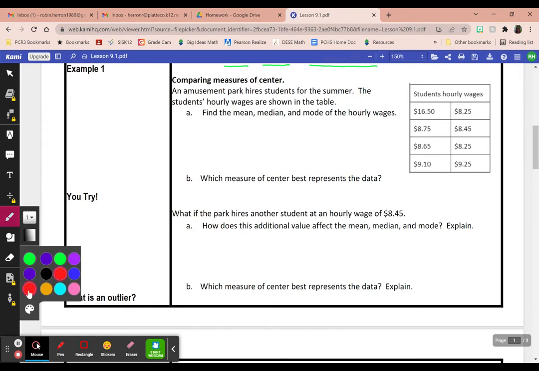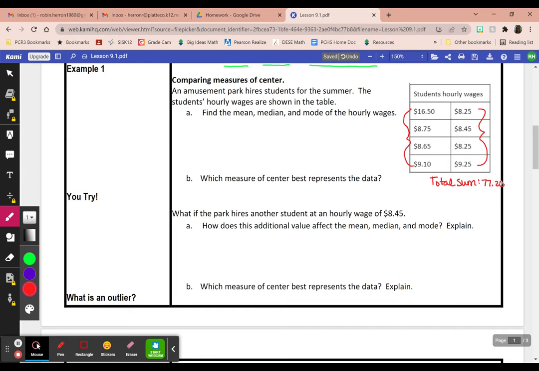Okay? So let's take this into finding the actual values. So, first thing, an amusement park hires students for the summer. The students' hourly wages are shown in the table. Find the mean, median, and mode of the hourly wages. So what we're going to do first is add up all of the values in this table. So I'm going to add this side, I'm going to add this side. And when I add those together, the total sum is $77.20.